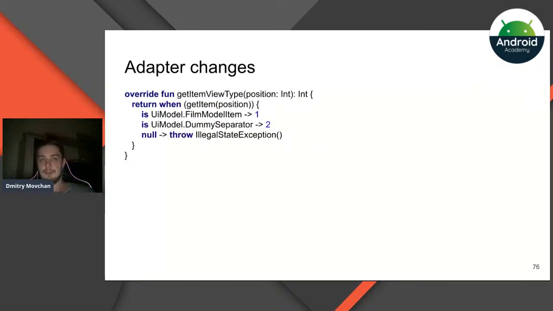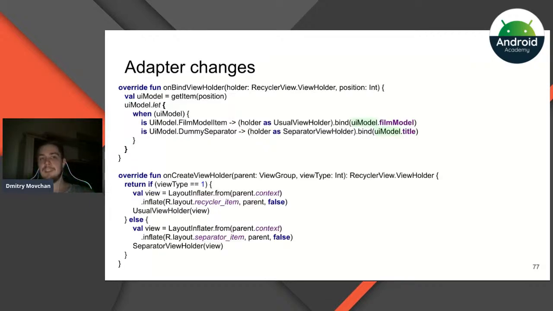And also in your adapter, you should implement the changes of get item view type. For example, if we are getting the film model item, let's return 1, and for the dummy separator, let's return 2. And we will change our onBindViewHolder and onCreateViewHolder to create proper view holders for different view types here.